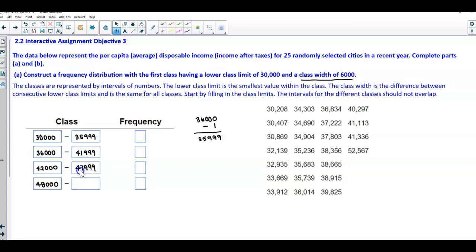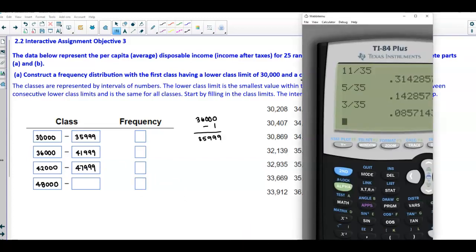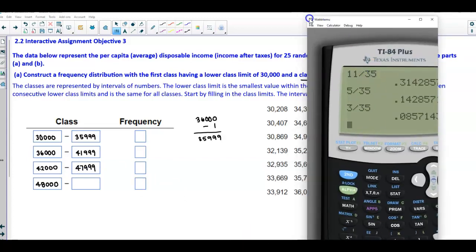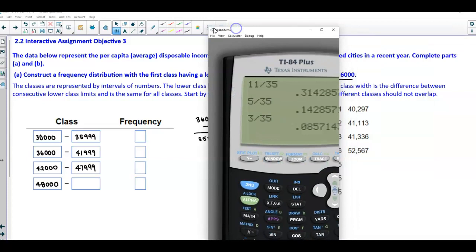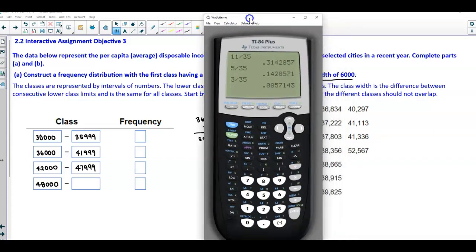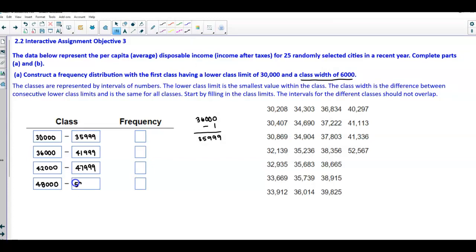So now we want to add 6,000 to the 47,999. That gives us 53,999. So that's going to be the upper class limit, 53,999.